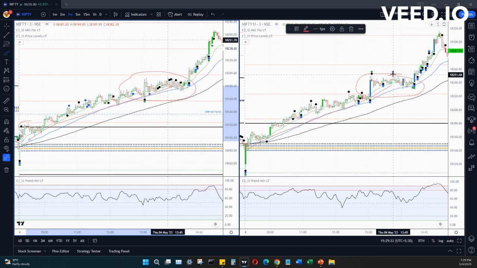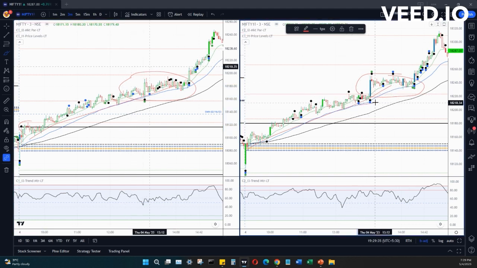So there is no scope for a short entry because the reward is not great, because this level could act as a strong support. And besides, you have the moving averages. The previous low point was here, and the support was this blue EMA. So when the price retraces back to the blue EMA, the price might again see some kind of reaction, and this is where we would look for our entry.